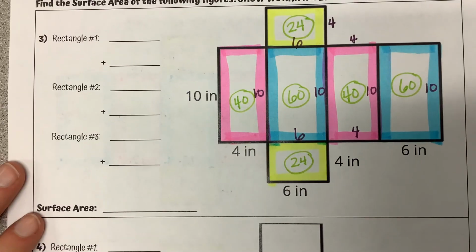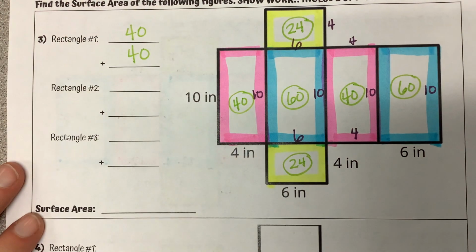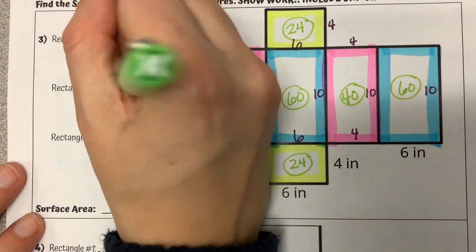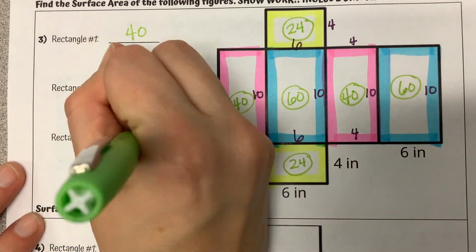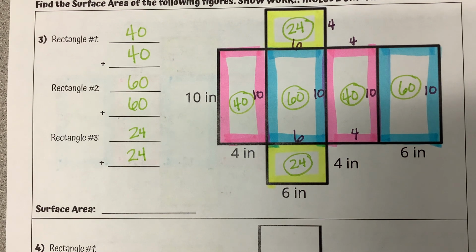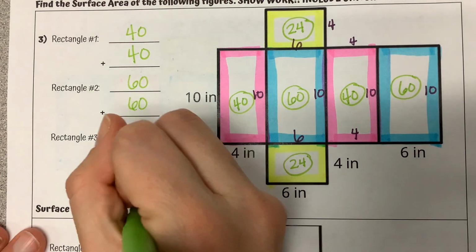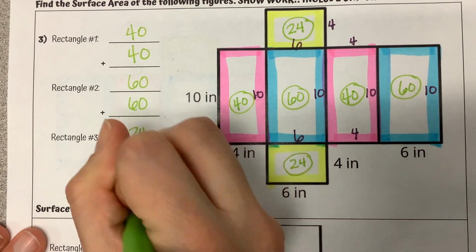So we're adding together these 3 sets. Our pink, we have 2 of those, 2 of the 40s. Our blue, we have 2 of those 60s. And our yellow, we have 2 of those 24s. And we get a total of 248 inches squared.